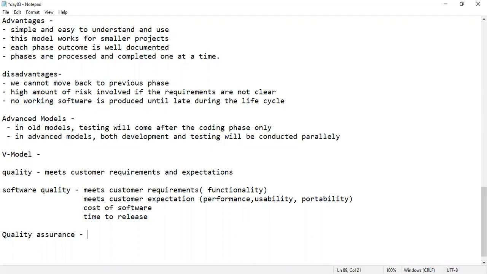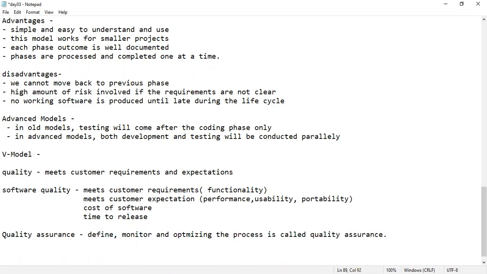We have to be very careful about the process. We have to be very careful in terms of quality management. So we have to define, always monitor and optimize the process; that is called quality assurance.